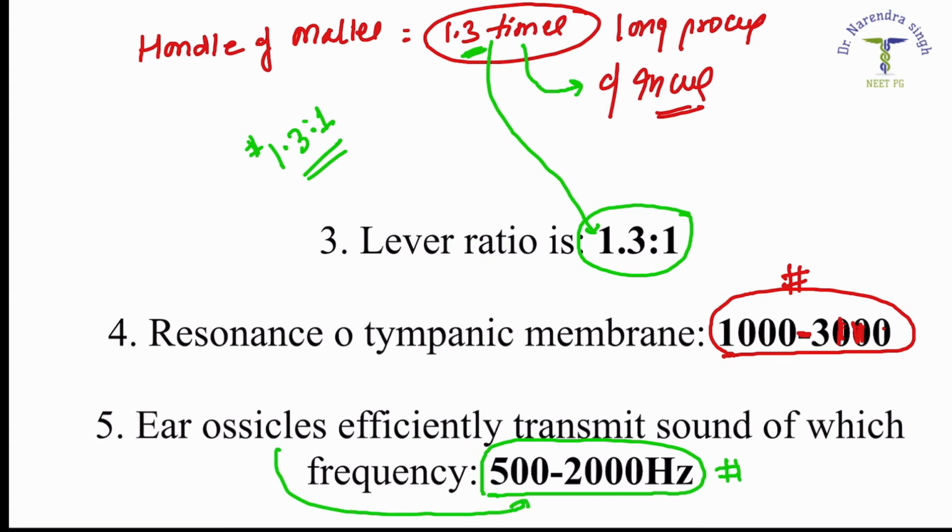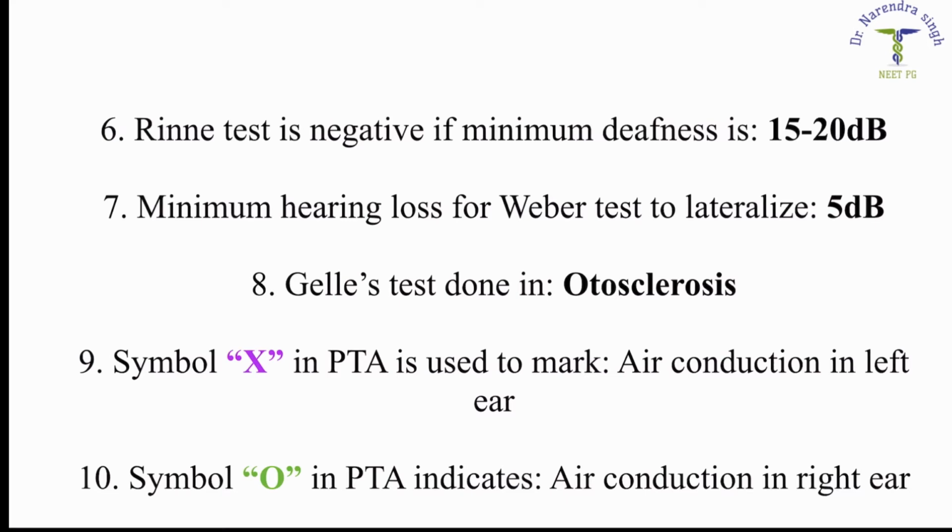Now, coming to question number 6, that says Rinne test is negative if minimum deafness is 15 to 20 decibel. Until there is a minimum deafness of around 15 to 20 decibel, the Rinne test doesn't show any result. That is, it's negative for 15 to 20 decibel.